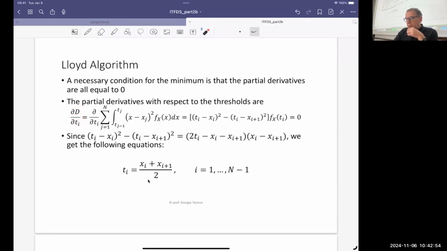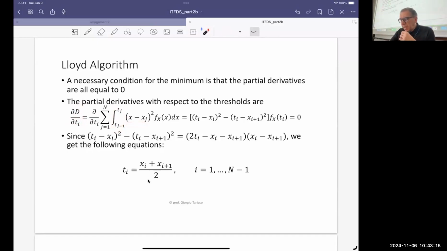This is the derivative with respect to ti of a sum of integrals from tj minus 1 to tj of x minus xj squared times the probability density function.